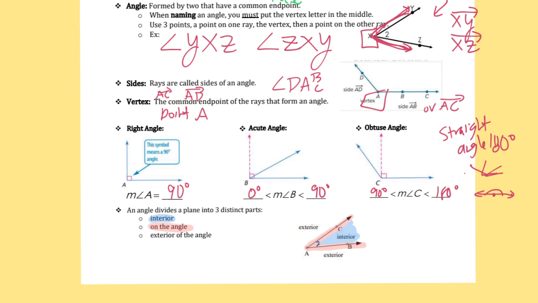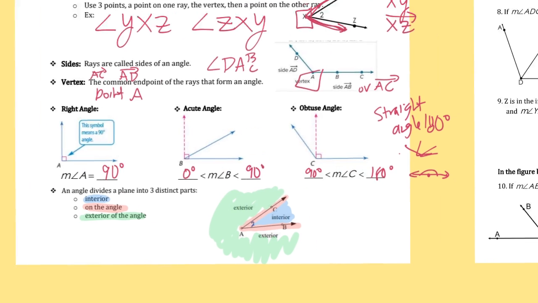And then the exterior is going to be outside of the angle. So they're going to talk about, oh, this point is inside, this point is outside, etc. Knowing that between the two rays is going to be the interior. Okay, so let's keep on moving.